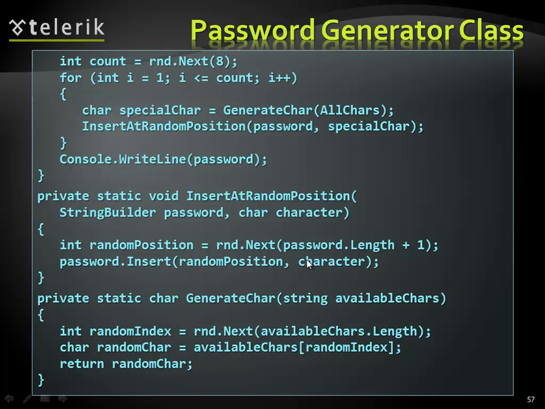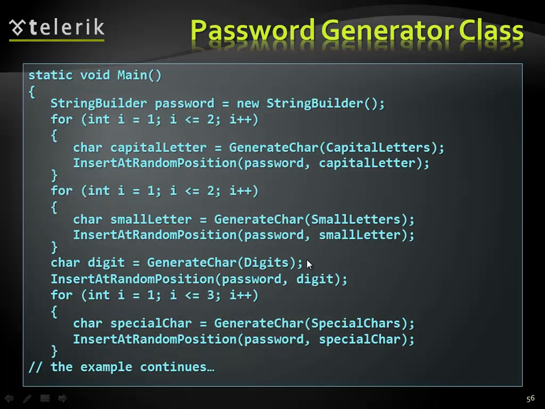I mean, this example uses StringBuilder, which we haven't discussed much, but this is a class which allows interaction with strings, building strings, and manipulating strings in a way which is better than using the string directly.